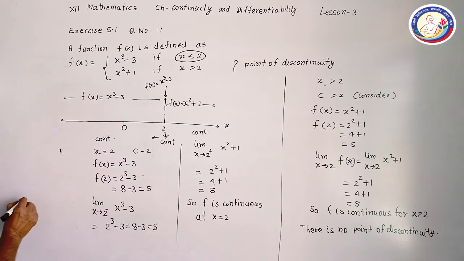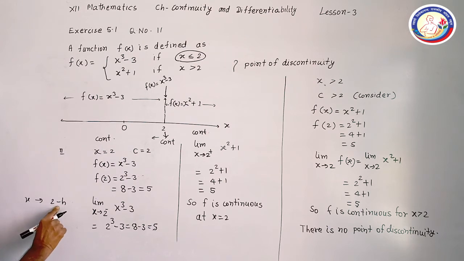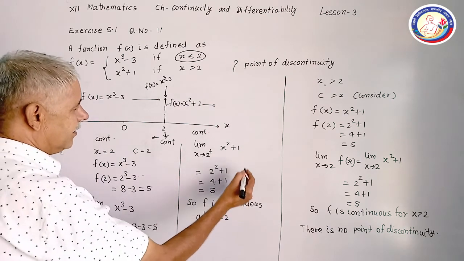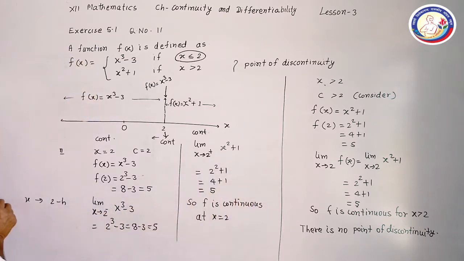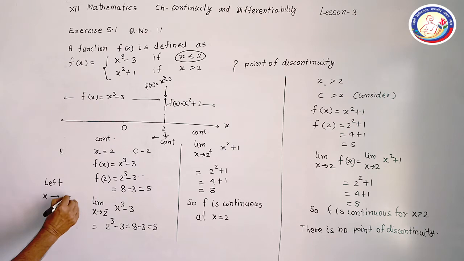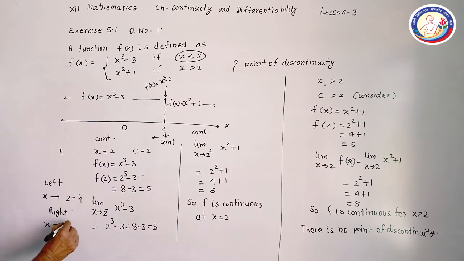If you replace x by 2 minus h, you can find the left hand limit, and for the right hand limit, replace x by 2 plus h, and then make h tend to 0.